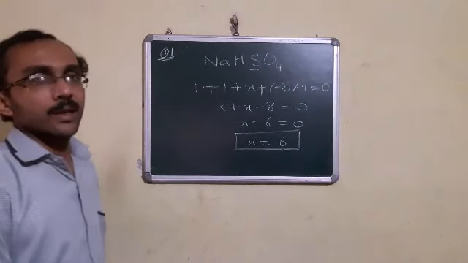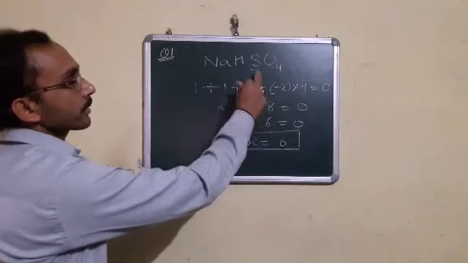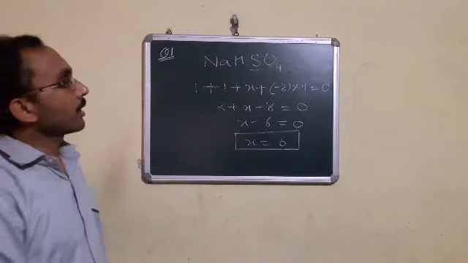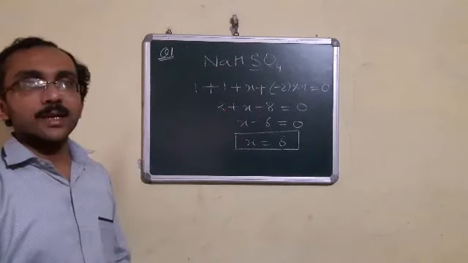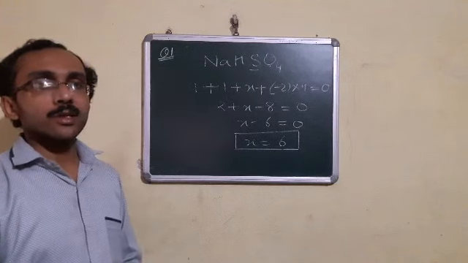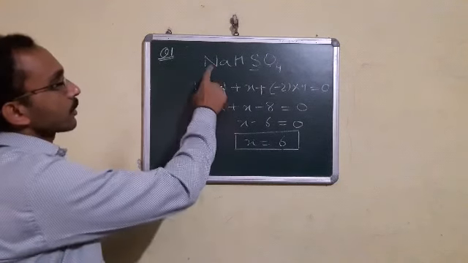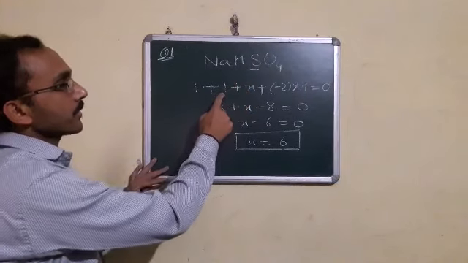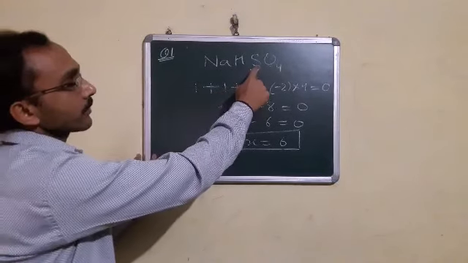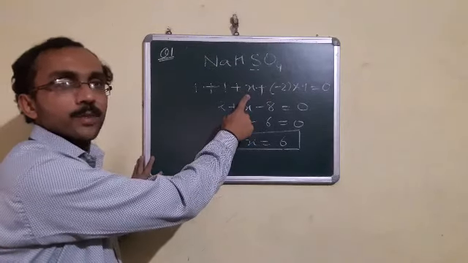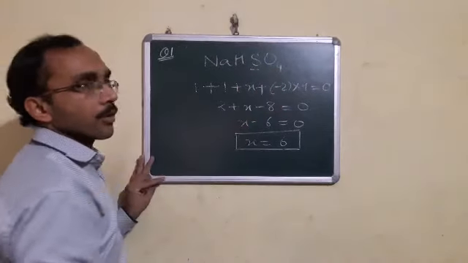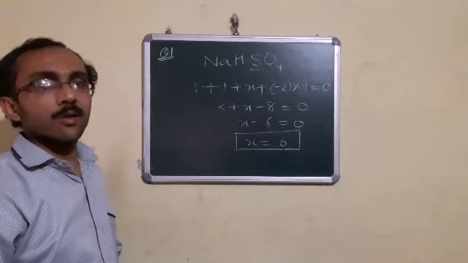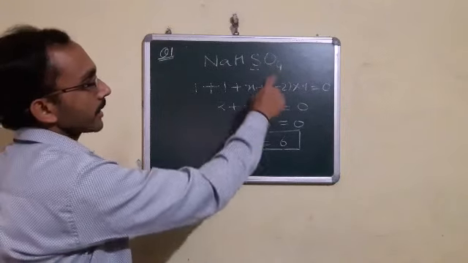Now see the second example, NaHSO4. Here we have to find the oxidation number of sulfur. Sodium is in the first group, that is an alkali metal. In case of alkali metals the oxidation number is always +1. Sodium has oxidation number of +1. Hydrogen has oxidation number of +1. Sulfur we have to find, we will assume as X. Oxygen in all its compounds, except peroxides and superoxides, is always -2.